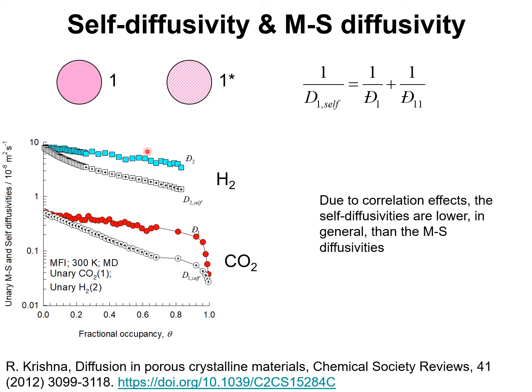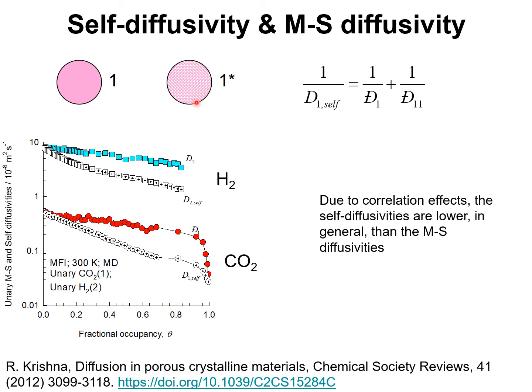The Maxwell Stefan equations can also be applied to a binary mixture consisting of two species that are identical in all senses, except that one of them, say this one on the right called 1 star, is tagged. Tagged in experiments, it could be radioactively tagged.